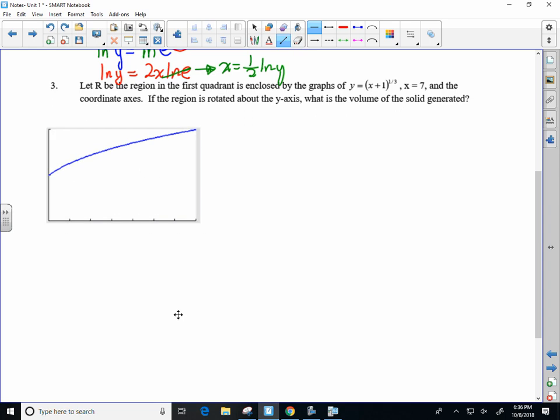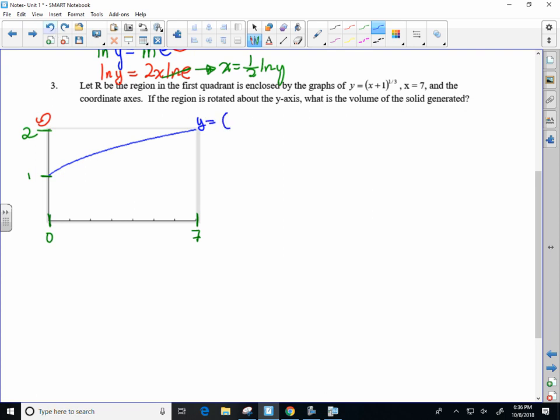All right, spinning it around the y-axis. Definitely doable. All right, we're going from 0 to 7. This is the 1. This certainly looks like a 2. I don't know that we can just assume that, though, without at least verifying it in some way.